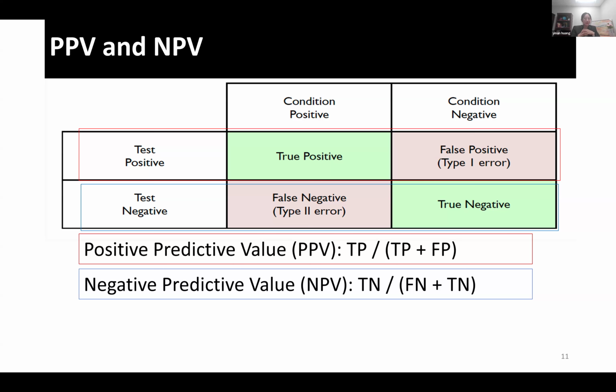Sensitivity and specificity only deal with how good your testing tool is. They have nothing to do with the prevalence of the disease. But both the PPV and NPV not only deal with how good your testing tool is, they also have a relationship with the prevalence of the disease.